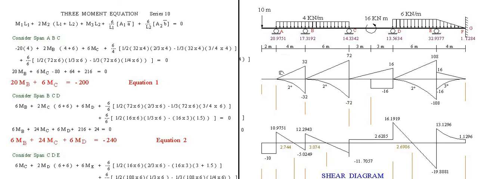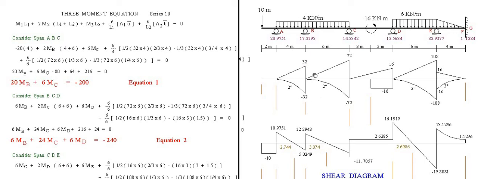Then make the reaction 8 a moment going to B. So 8 times 4 is 32. Then due to this uniform load, we create this. The moment of this uniform load to B is 4 times 4, total load 16, times the distance of 2. So 16 times 2 is 32, minus 32, it is going down.